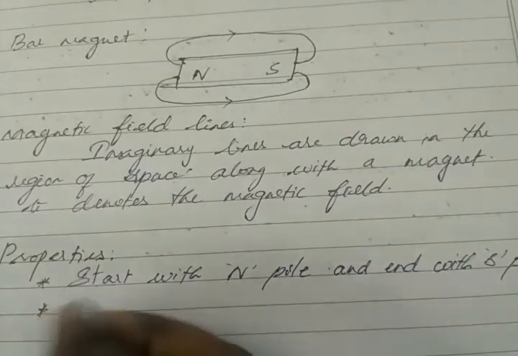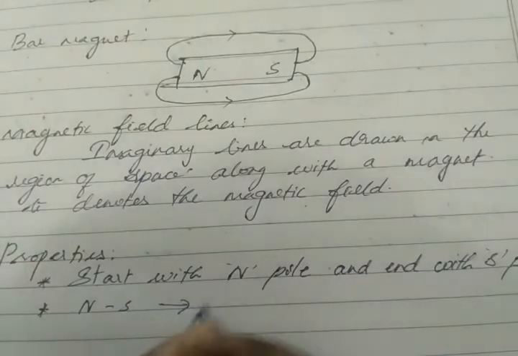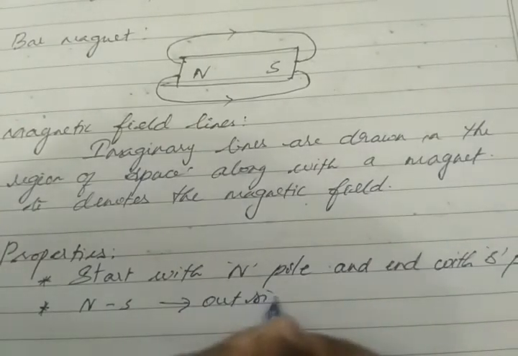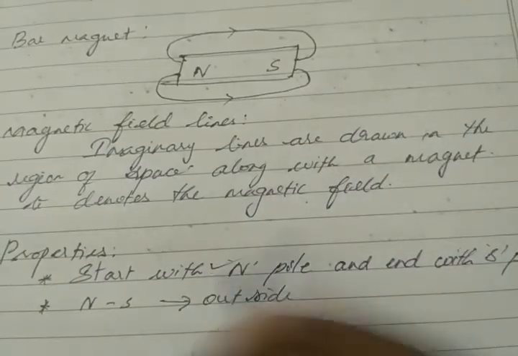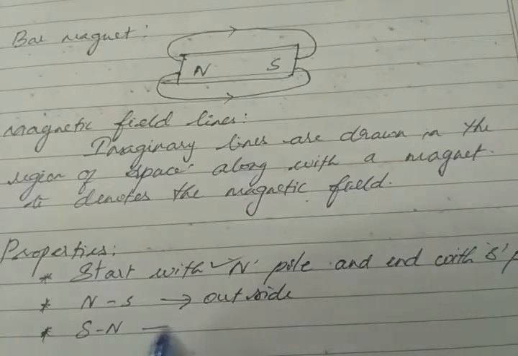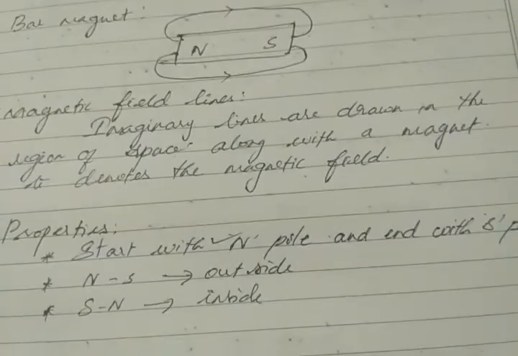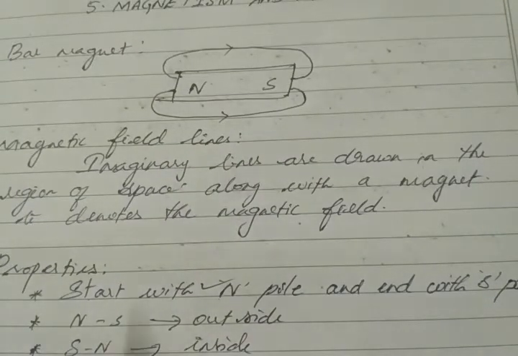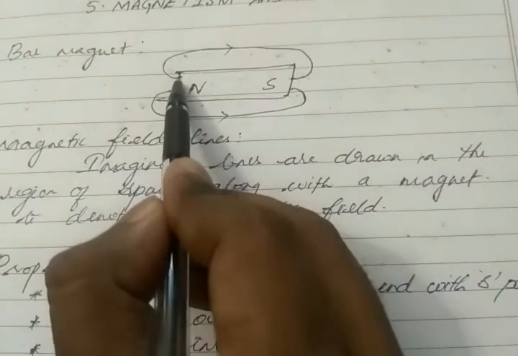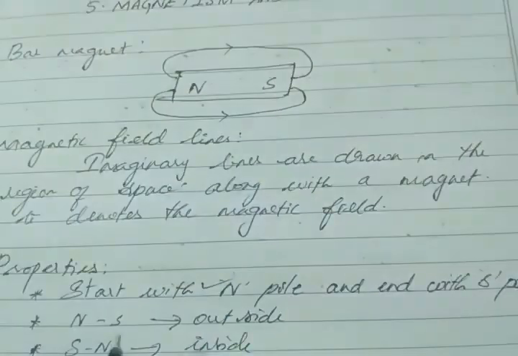North to south outside the magnet, and south to north inside the magnet. You watch it closely. These magnetic field lines start from north to south outside the magnet.